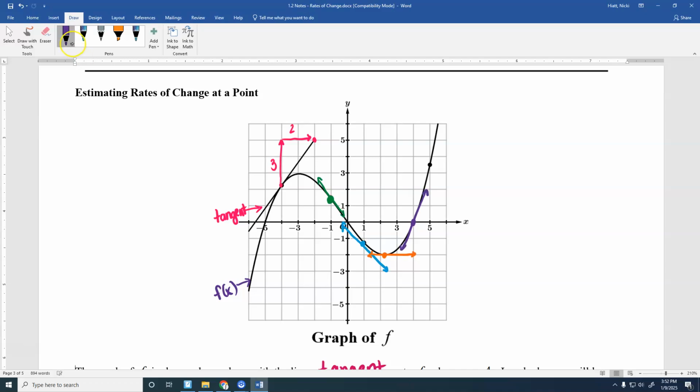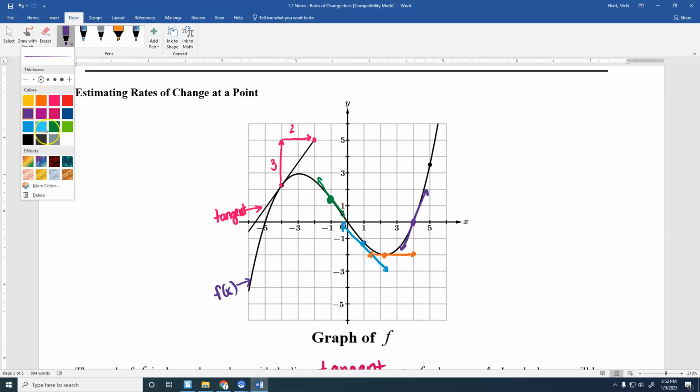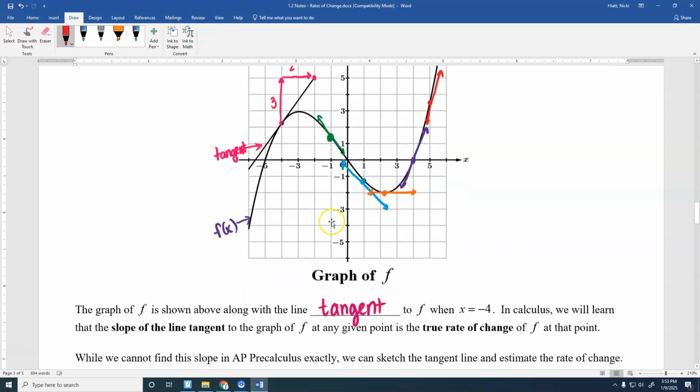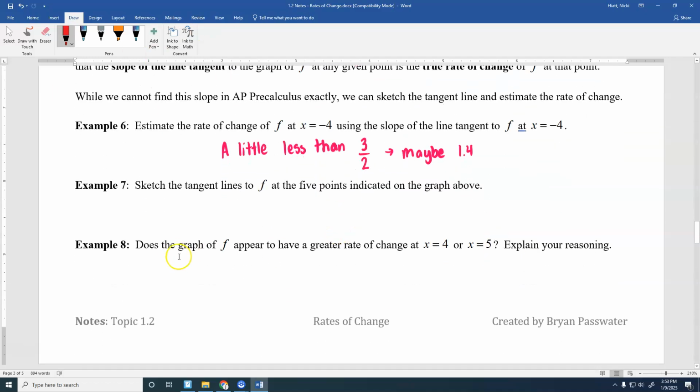And then at your last point, what color have I not used? Red. You would have a tangent line that just barely touches there. It's going to be a pretty steep line for this. So those would all be our tangent lines at those points.